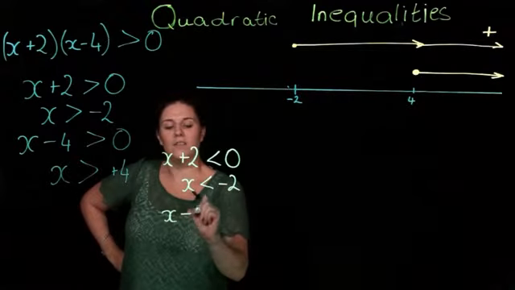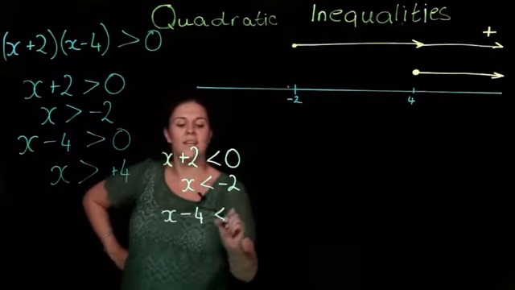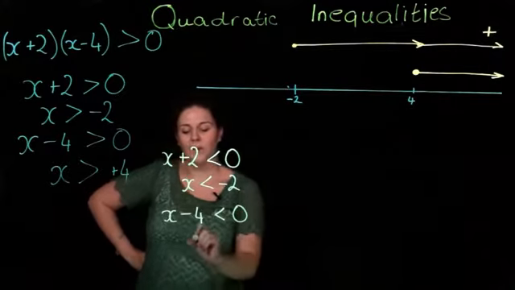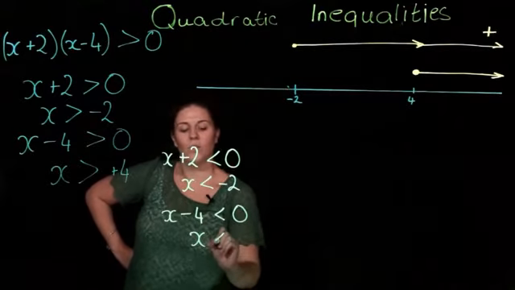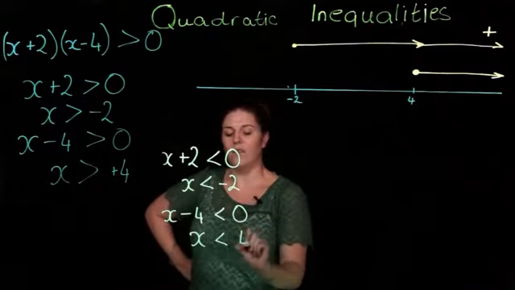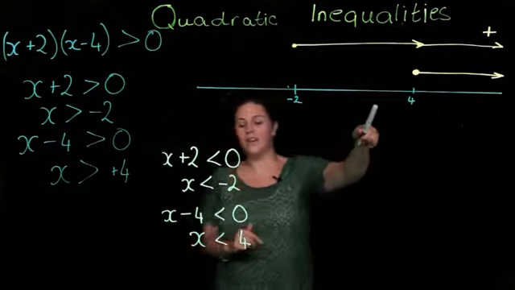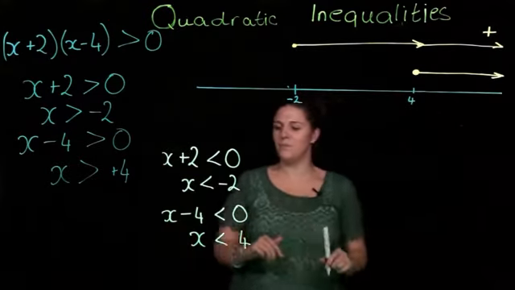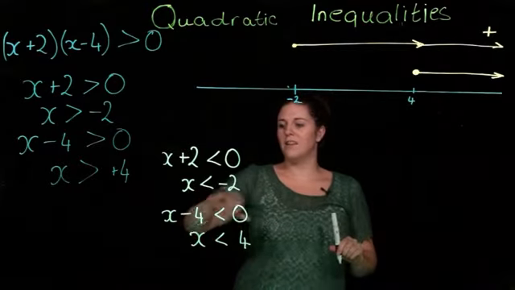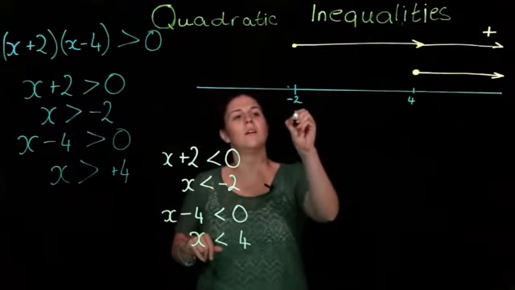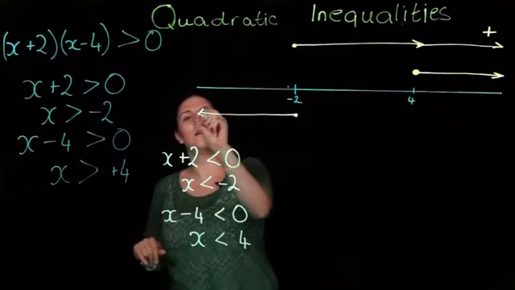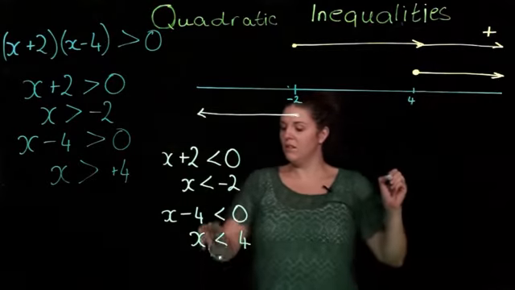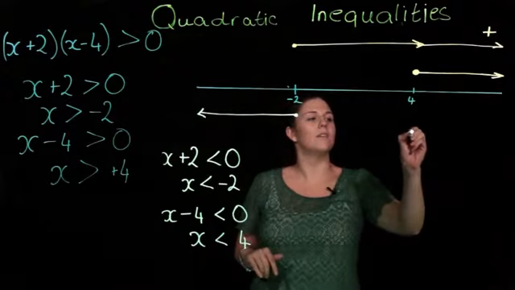X minus 4 would be less than 0. So x would be less than 4. Putting this in on this number line, we've got x less than minus 2, and we've got x less than 4.